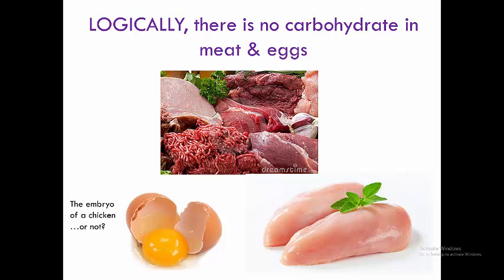But because it was never fertilized, there's no way that a fetus would ever have begun to develop, in which case there was no circulatory system there, and then therefore there's no carbohydrate. And the eggs that we buy in our stores are unfertilized eggs. So the majority of the eggs you will encounter in your life are unfertilized and therefore don't contain carbohydrate.